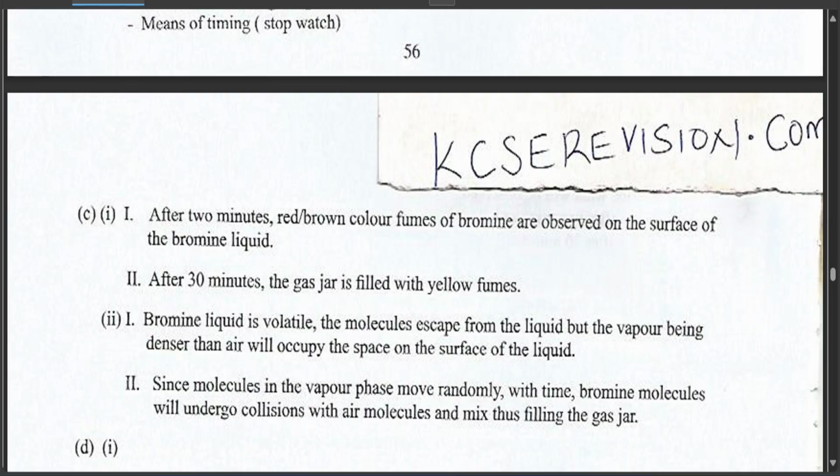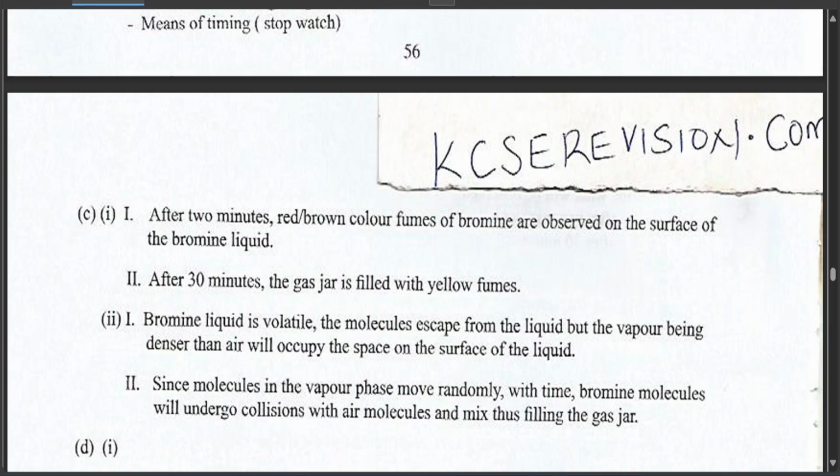So the reasons, in terms of kinetic theory: bromine liquid is volatile, so molecules escape from the liquid, but the vapor, being denser than air, will occupy space on the surface of the liquid.